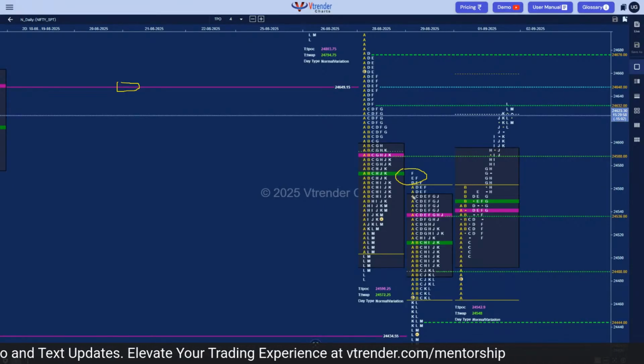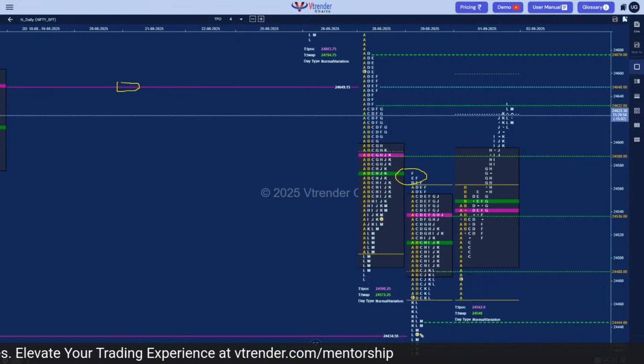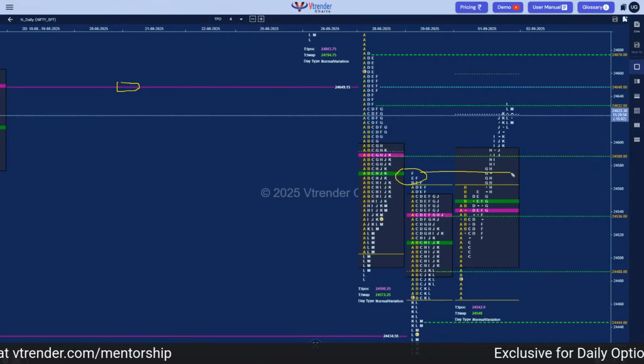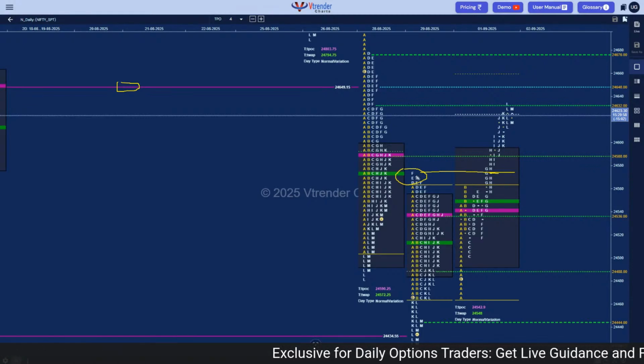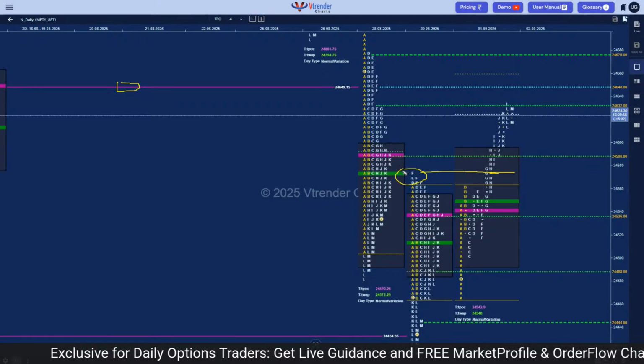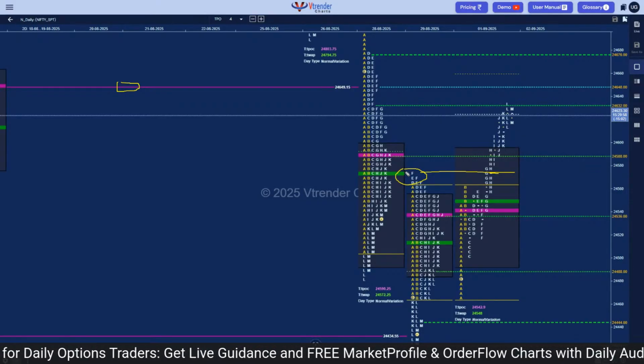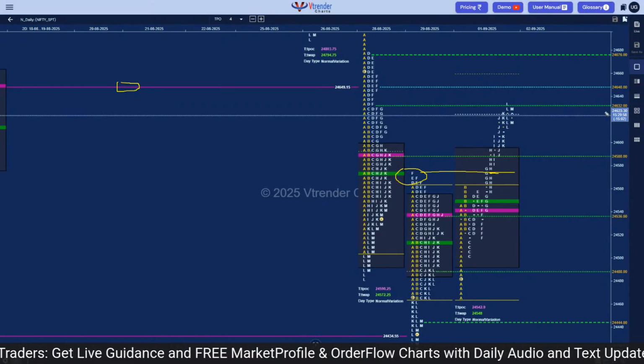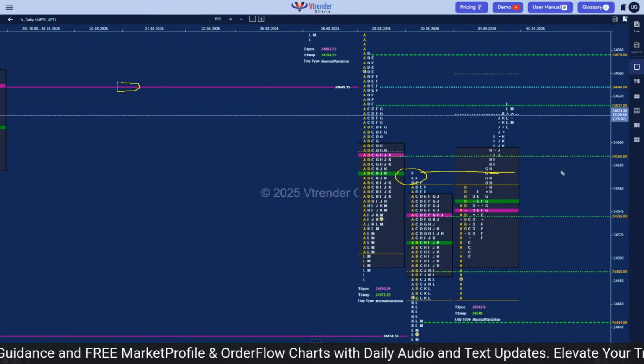So you can see how we almost completed the 180R objective, but today we have negated this. And after negating, we have left an important HTPO halfback right there. So as long as we are above this 24572 failed auction, we can look for upside ATR targets, which are at 24755 and 24937.